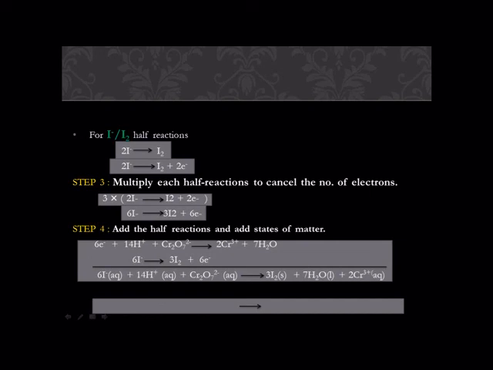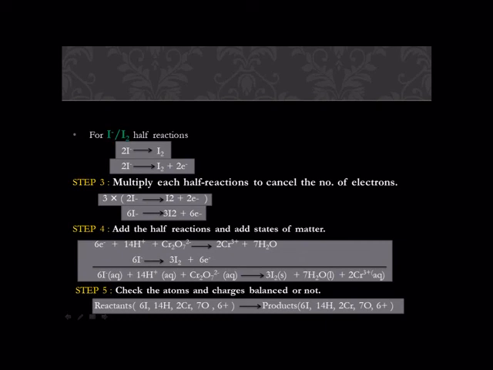So we have balanced this chemical reaction by using our 4 steps. And finally we check for the number of atoms and charges. There are 6 iodine atoms on the reactant side, and also on the product side there is 3 times 2, which is 6 iodine atoms. Similarly there are 14 hydrogen atoms here, and again 14 hydrogen atoms on the product side, and 2 chromium atoms on the reactant side, and also 2 chromium atoms on the product side, and we have 7 oxygen atoms on the reactant side and also 7 oxygen atoms on the product side.